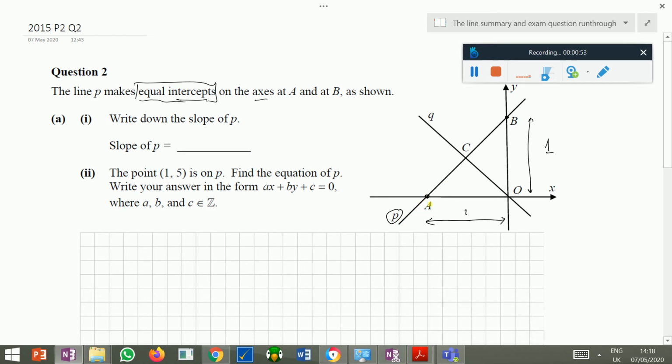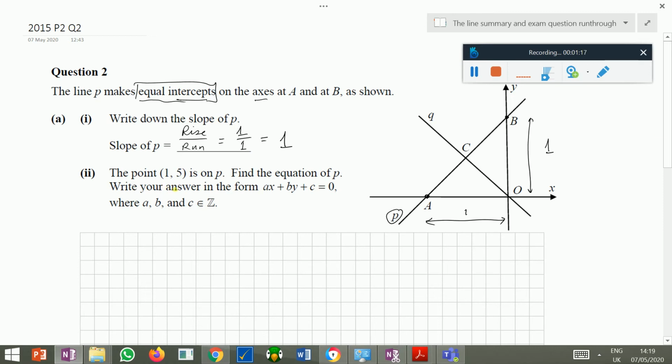The first one is with the formula y2 minus y1 over x2 minus x1, but we don't have any information on the points here, so we're going to use rise over run. If this is 1 unit and this one is 1 unit, you just say 1 over 1, and that's simply equal to a slope of 1.